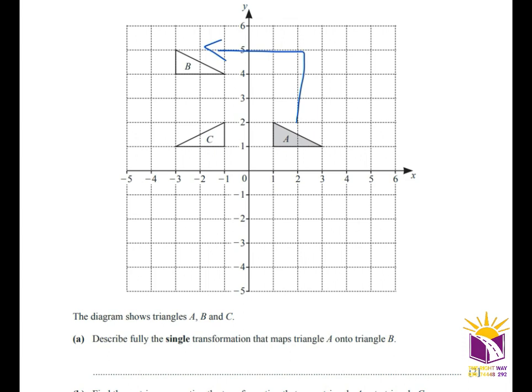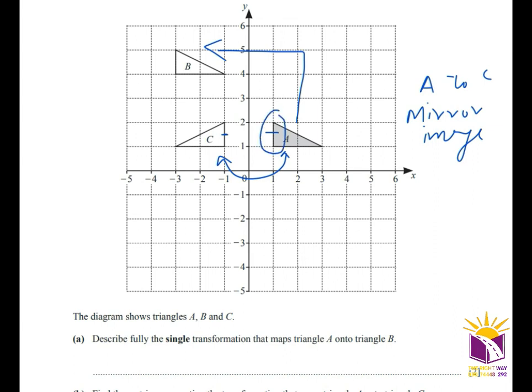When you are going to solve this type of question, A to C is the mirror image. When A to C, you will see that the hypotenuse and the perpendicular are on the opposite side.